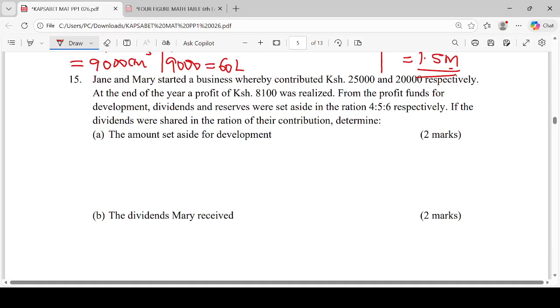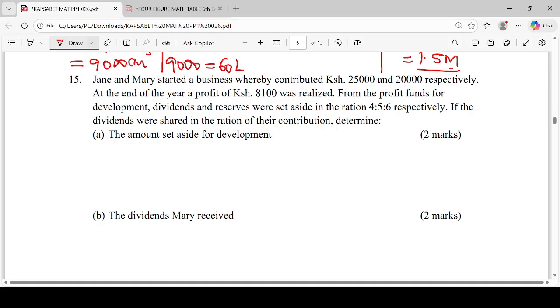Jane and Mary started a business whereby they contributed 25,000 and 20,000 shillings respectively. At the end of the year, a profit of 8,100 shillings was realized.